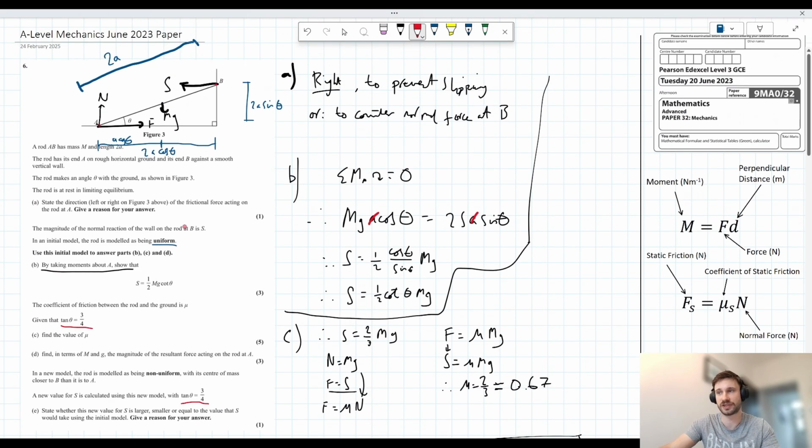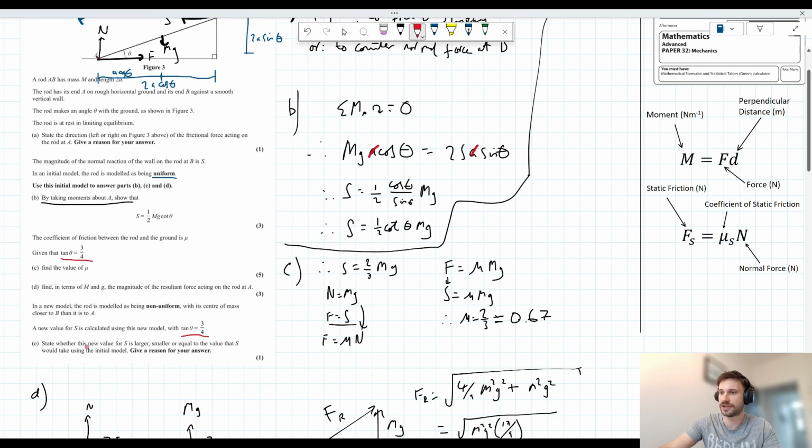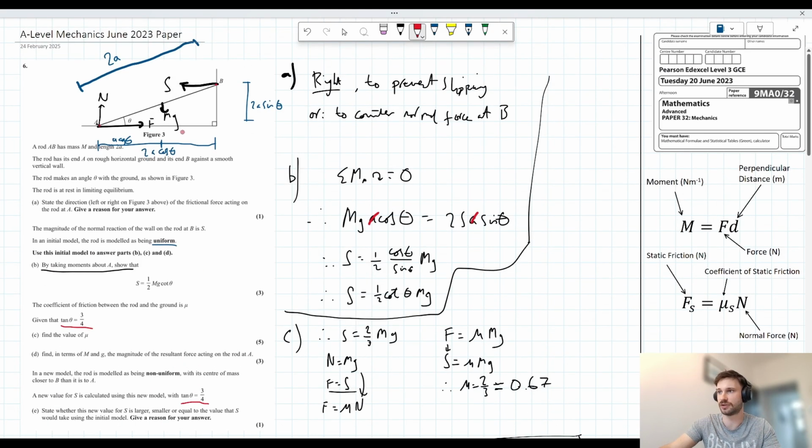So effectively theta hasn't changed here, and we're dealing with the same triangle. State whether this new value for S is larger, smaller, or equal to the value that S would take using the initial model. Give a reason for your answer. So the idea in this problem is that this weight force here has moved over to the right. Your intuition should say that S is going to get larger here.